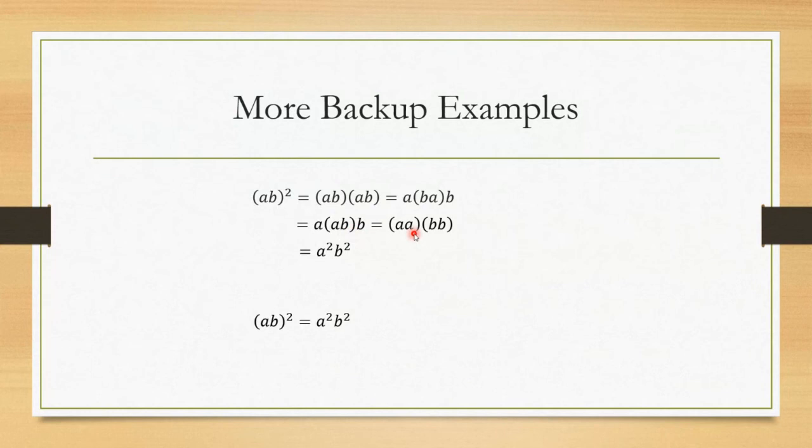Okay, well now, grouping it again, using associativity again, we go from here to here. And this is just a squared, this is b squared. So we get this here. I hope that made sense. I'm just trying to illustrate why it's true. I'm also trying to show you why you need the fact that multiplication is commutative. If that wasn't true, then to get from here to here, we'd be in trouble. I don't think it would be true if multiplication was not commutative.